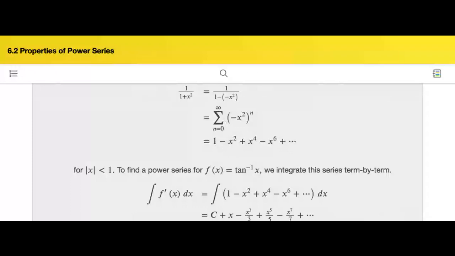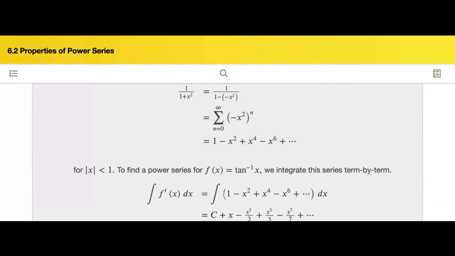We get the sum of negative x squared raised to n, because the first term a is 1, so we want to index with 0, because when n equals 0, anything raised to 0 is 1. So we write out a couple of terms. We get 1 minus x squared plus x to the 4 minus x to the 6, and so on and so forth. We see this is an alternating series.